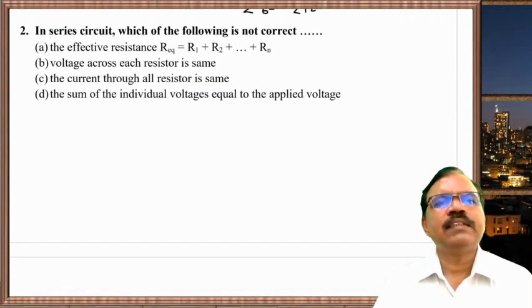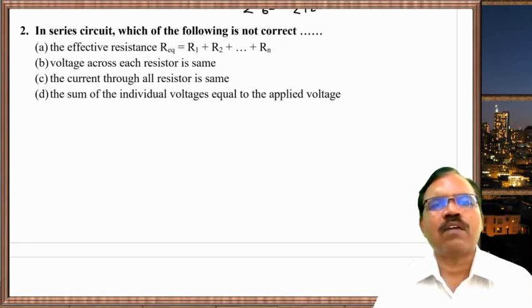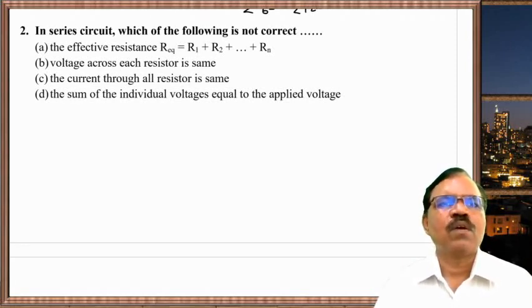Next one. In a series circuit, which of the following is not correct? The effective resistance R equivalent is equal to R1 plus R2 plus so on Rn. Voltage across each resistor is same. The current through all resistors is same. The sum of individual voltages equal to the applied voltage.